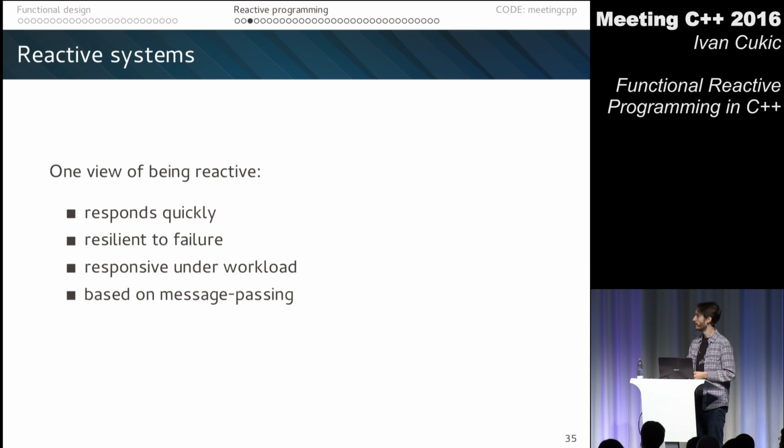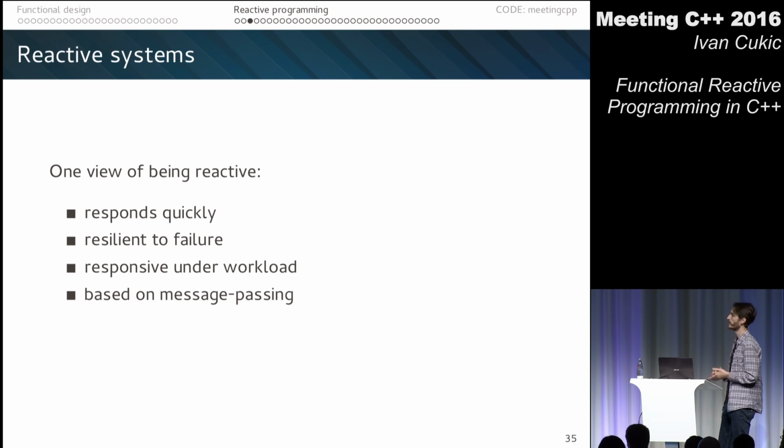So let's skip the Reactive Manifesto a bit and just focus on the things that the most popular reactive guys, from the Akka library and Rx, formerly Microsoft Reactive Extensions, say. The idea is that you should write your programs to respond quickly, be resilient to failure, and be responsive under workload, and that's something that you usually do even without any reactive programming, right?